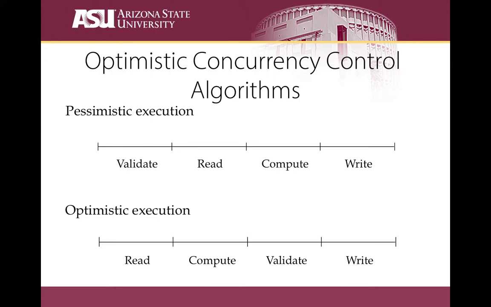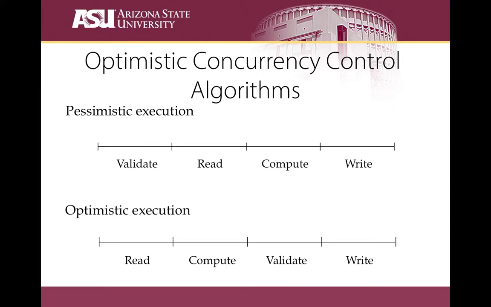You also check the timestamp. I mean, should I do this, or should I reject and restart? So this is a validation step. And then you read the value that you want to read. You might do some computation, which is the logic in the transaction on this data item. And then you write. Okay? These are the possible states you go through.